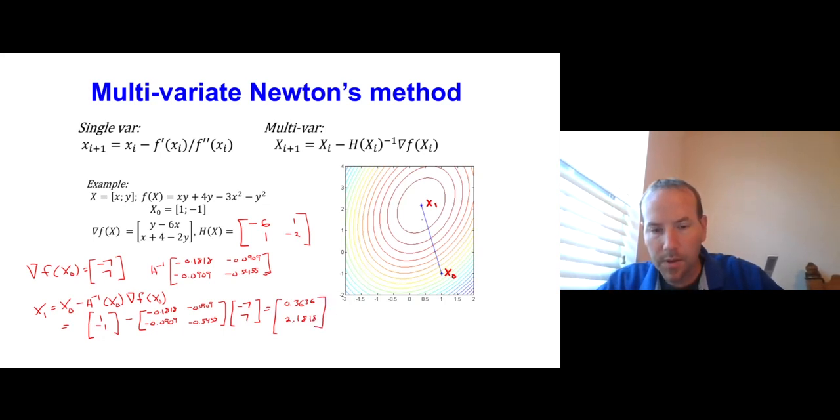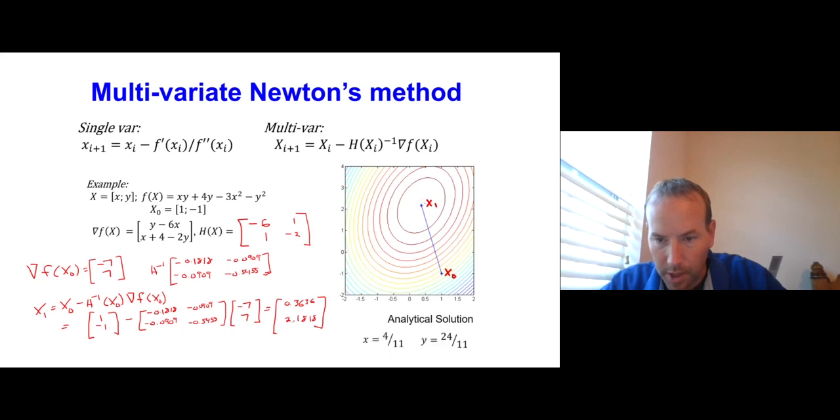Okay, and so you can see just how good of a job this did, is that it went exactly from this spot right here all the way to the top of the mountain in just one shot, and that this is very close to the analytical solution. So this really shows the power of multivariate Newton's method.